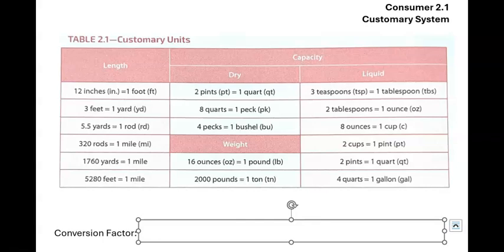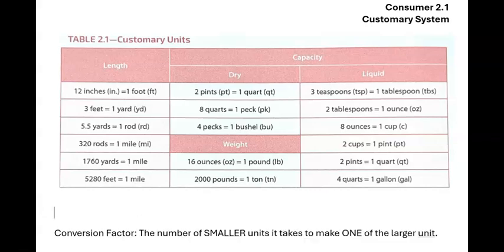The conversion factor would be 128 because 128 ounces makes up 1 gallon. Now, you can't see that from the chart, but you can figure it out using something called dimensional analysis, and we're going to learn how to do that in this section as well. But just as a review, a conversion factor is simply the number of smaller units it takes to make up one of the larger unit.